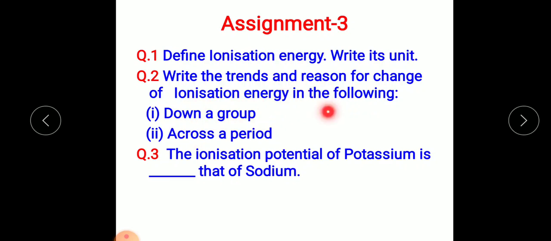So how the changes take place and what the reason for that is, you need to write it down. And question number 3: the ionization potential of potassium is dash that of sodium, whether it is less or high. You write it down. So complete this assignment and send it to my mail.